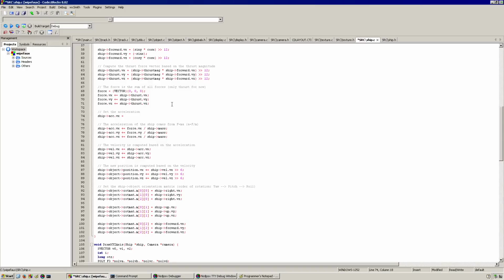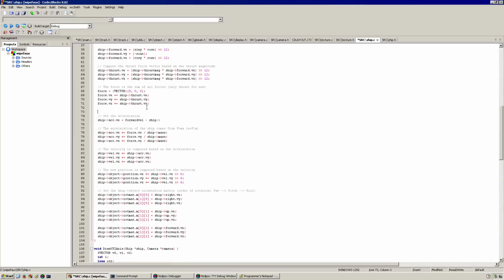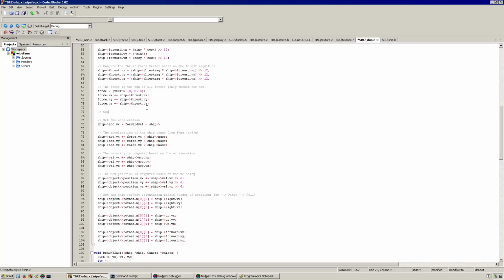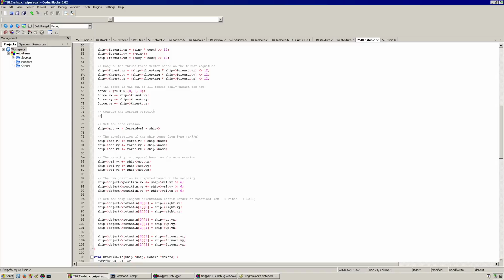So I'm going to have to get the subtraction between a forward velocity and the current ship velocity, and I'm going to have to compute this forward velocity above. We're going to have to do this right now. And then the ship acceleration Vx is the forward velocity Vx minus the ship velocity dot Vx.